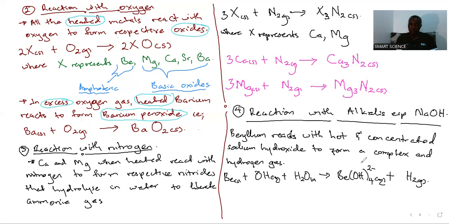And we will balance. In balancing ionic equations, we consider normally 3 particular rules. Number 1, we balance charges, we balance oxygen, and we also balance hydrogen. These are the 3 main areas which we balance.